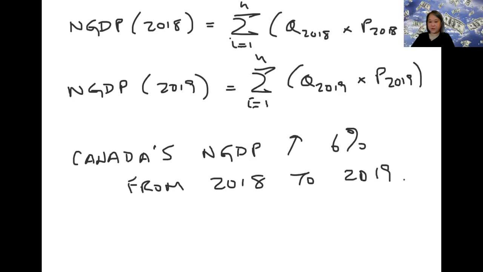So if you look at this statement, you've got to remember, GDP is there to measure output. Next week, when we talk about CPI or the GDP deflator, we are there to measure changes in price level. So the measure of GDP is there to measure output, not prices, but output.